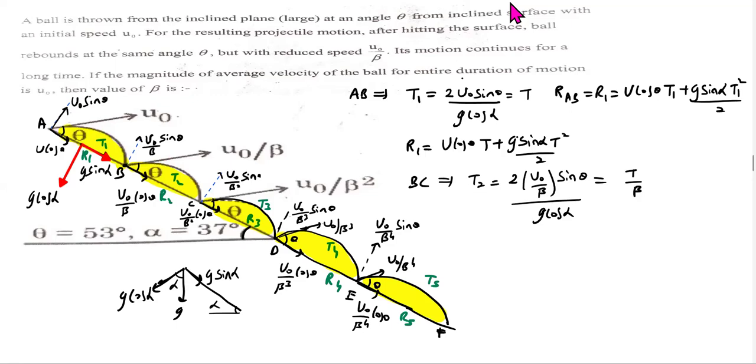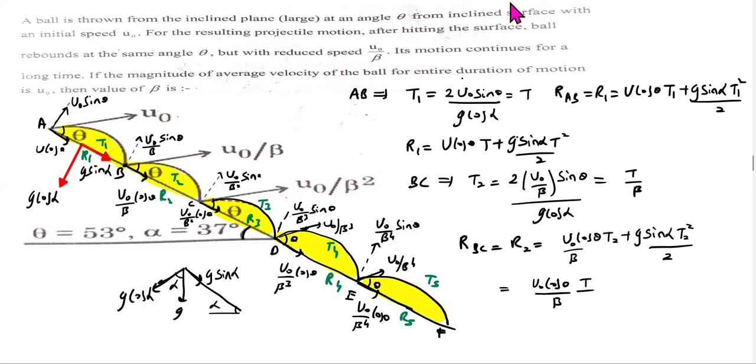And the range R2, RBC equal to R2, which is equal to U naught beta cos theta T2 plus G sin alpha T2 square by 2. Simplifying this, T2 will be T by beta.